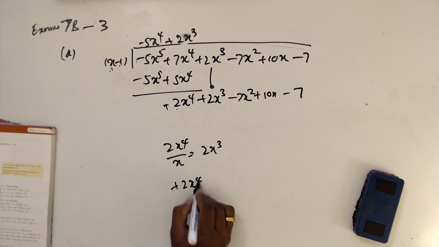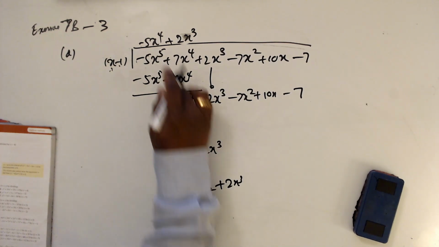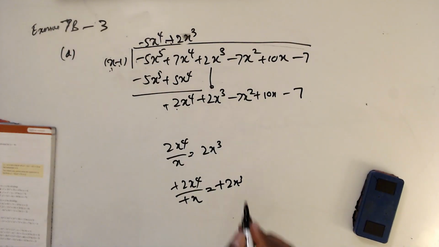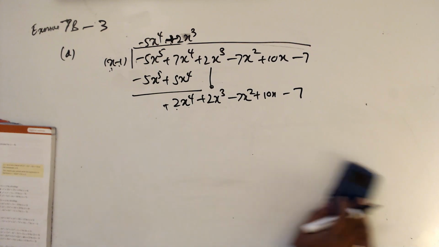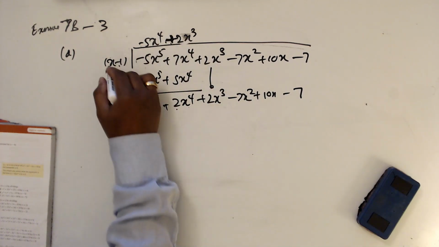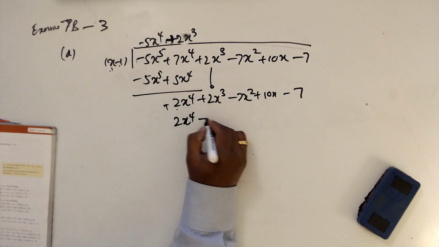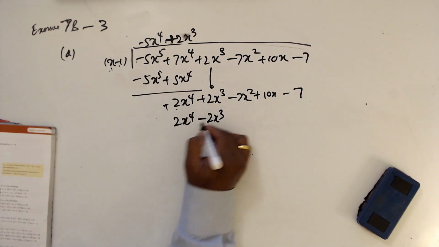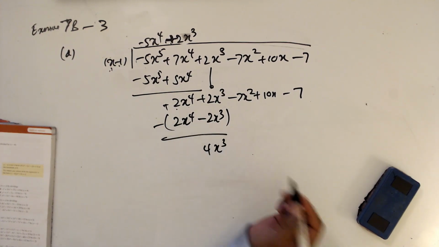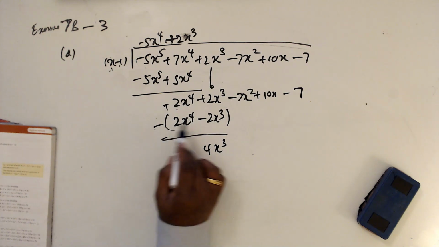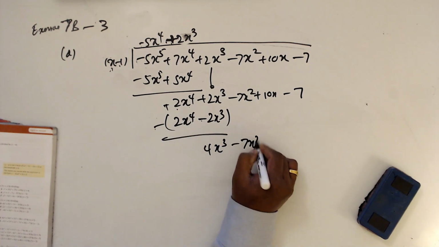So plus 2x to the power 4 divided by plus x is plus 2x cubed. That's why I put the plus sign as well. So then this is going to be 2x cubed times x, plus 2x to the power 4. Then this is going to be minus 2x cubed. Then minus those two together. This is going to be 4x cubed. Minus minus becomes plus. So bring it down.